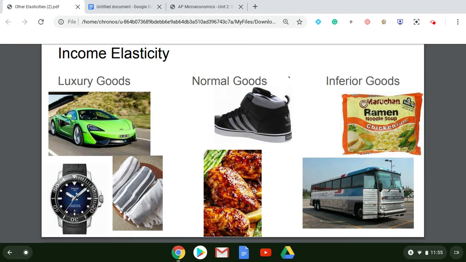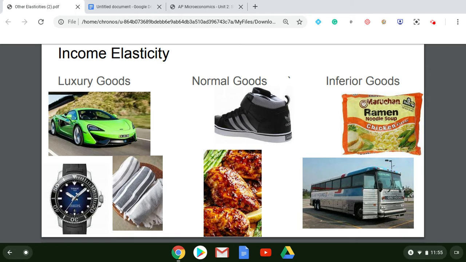I'm sure you can think of many things that are luxury goods. The idea is that your income would have to increase significantly for you to consume more of these, and as your income improves significantly, you consume more and more of these things.